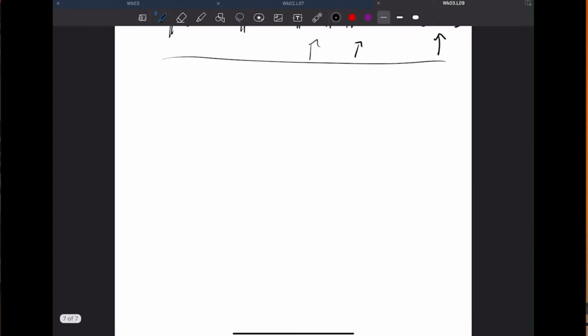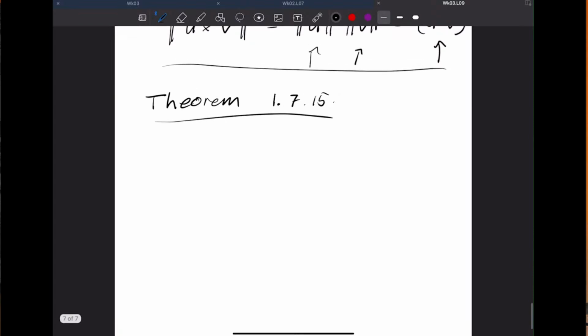And another property of the cross product is the relationship between the magnitude of an angle and the cross product. So that is the topic of theorem 1.7.15. And this one is also very useful in physics if you're doing physics.